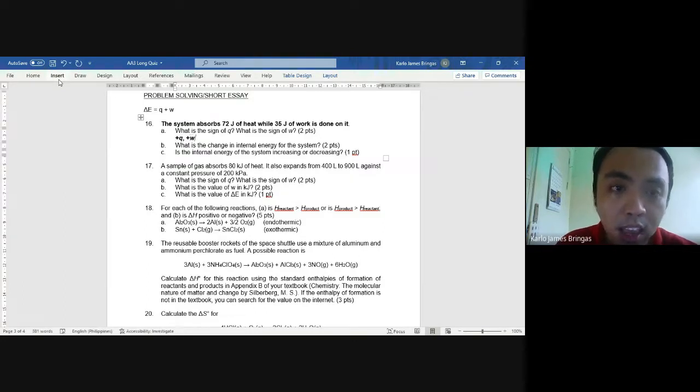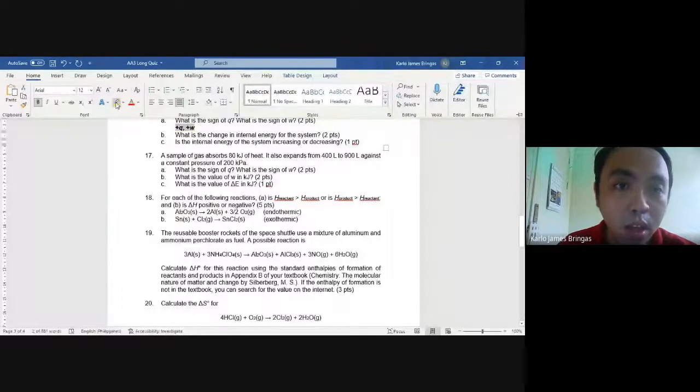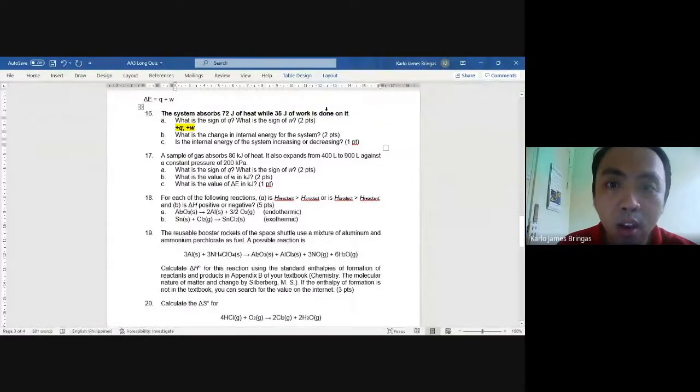When the heat is being absorbed, that tells us that Q is positive in value. Likewise, when work is being done on the system, like in this case, our work also has a positive sign as well.